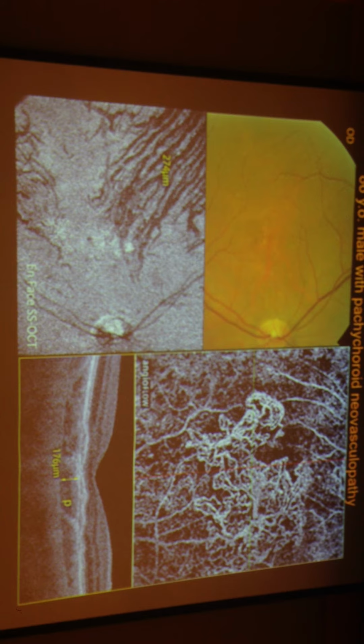Claudine, do you have any experience with the use of eplerenone in trying to reduce the pachychoroid? Yeah, currently in our practice in New York, we use eplerenone mainly for patients with CSC who are refractory to other treatments. We find that with eplerenone, the subretinal fluid does show a decrease.